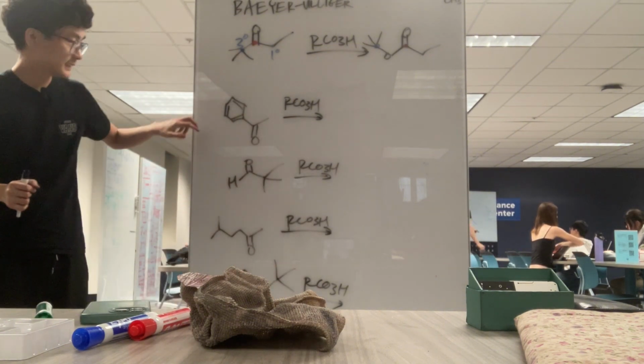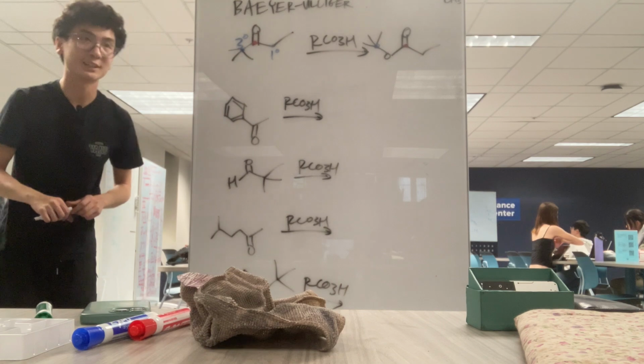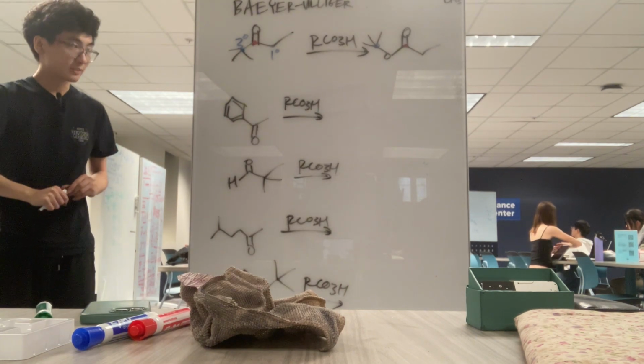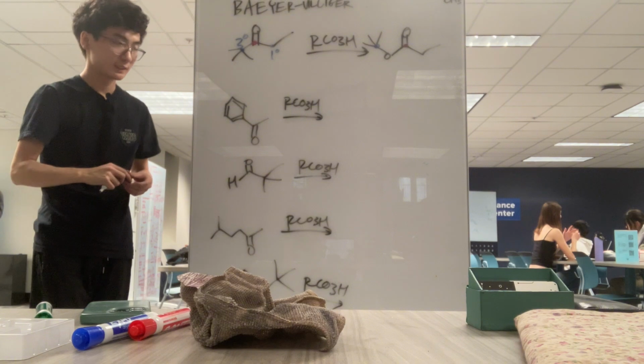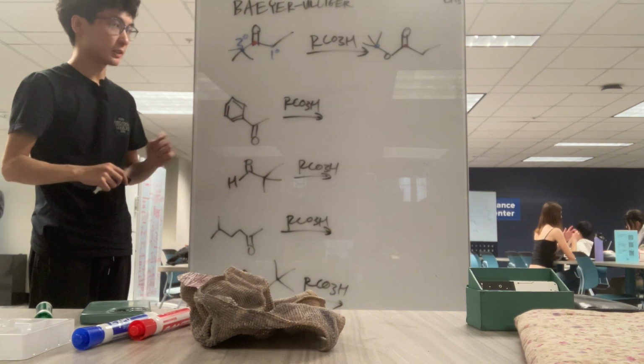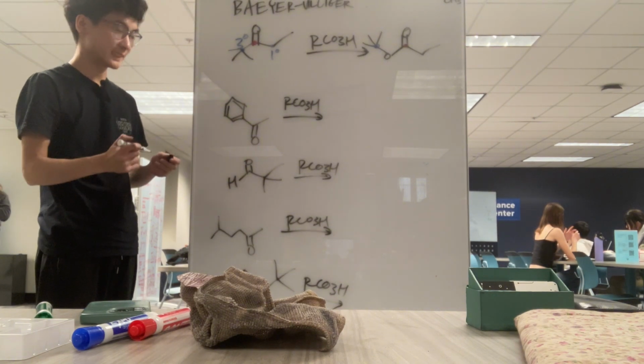Okay, try these 1, 2, 3, 4 problems out for Baeyer-Villiger, and I'll come around and answer any questions you guys have, and then we'll move on to the 2 tests, Fehling's test and Tollens test for chapter 17, and we'll be done with chapter 17.